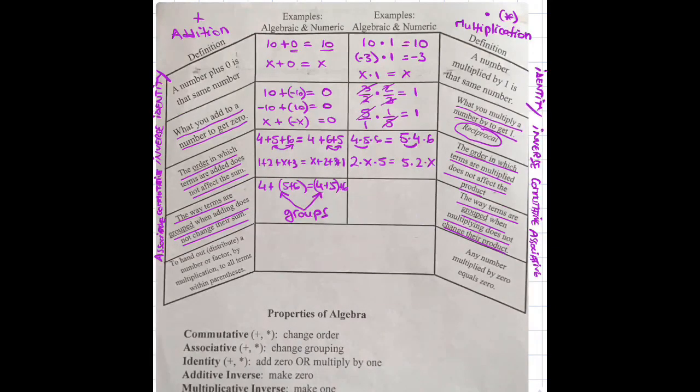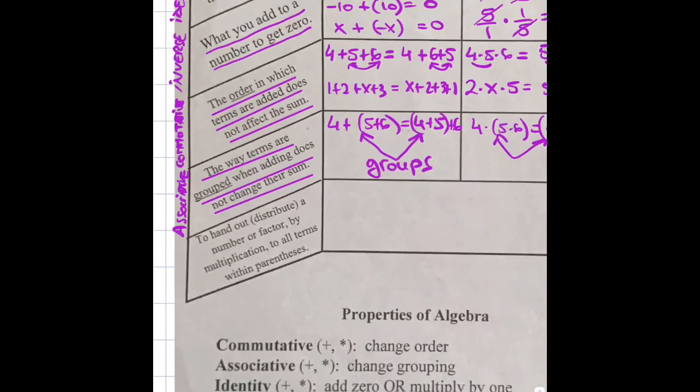The same for multiplication. 4 times 5 times 6 gives me the same result as 4 times 5 times 6, with the parentheses moved. Again, what changed in this example is the parentheses and not the place of the numbers. And the last two properties, on the left side we have the distributive property.